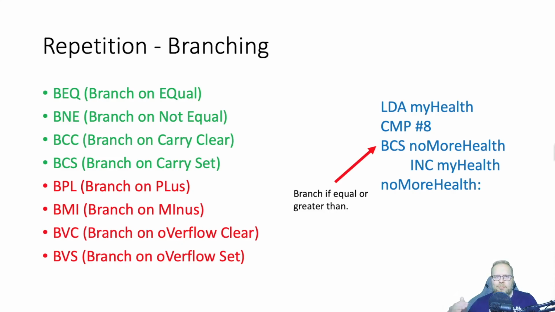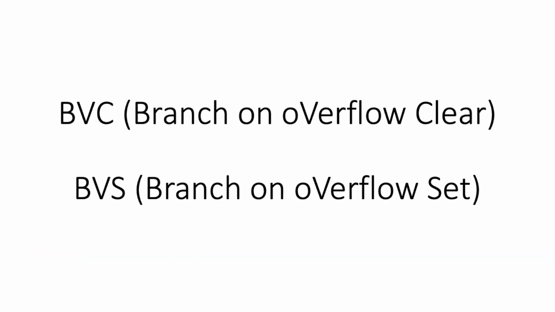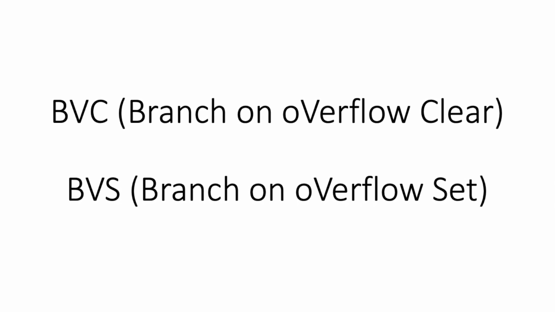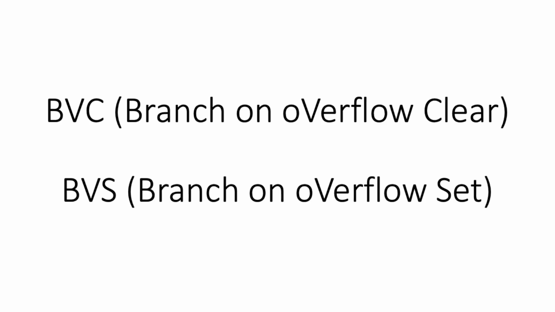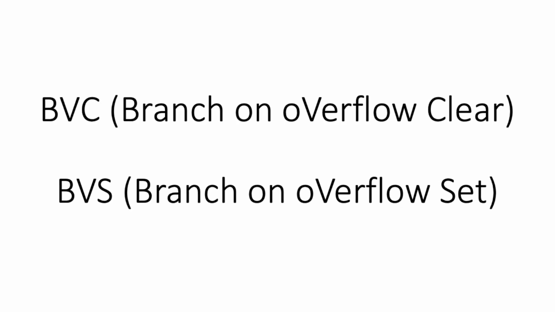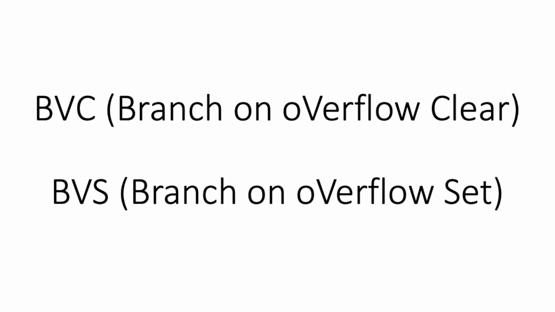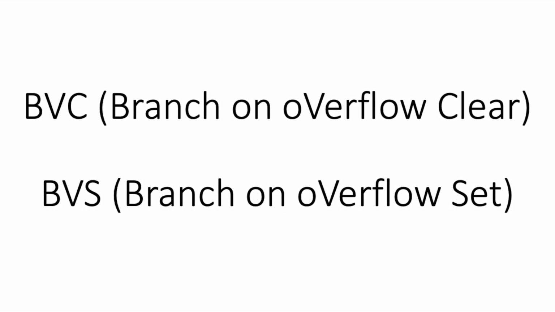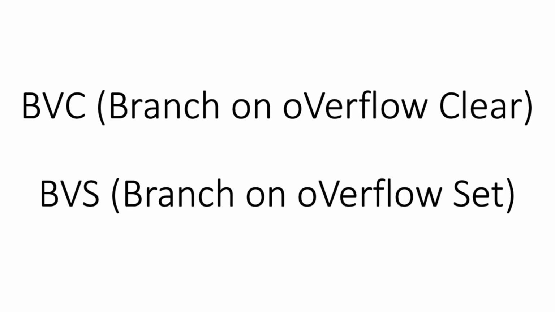There are a lot of branches, and like I said, I don't want to make this more complicated than it needs to be. In fact, there were 2 mnemonics that I didn't even mention last time: branch on overflow clear and branch on overflow set. Those 2 are complicated and we don't need to talk about them. I just wanted to mention it so that you at least know that they are there.